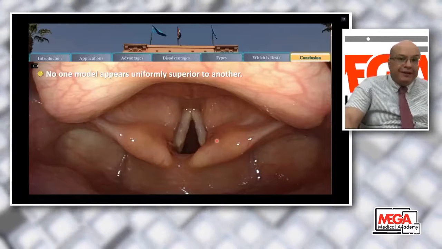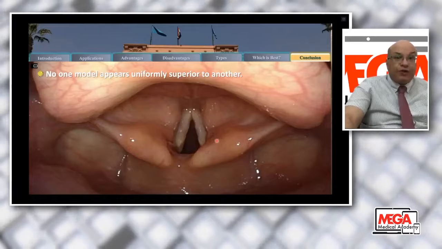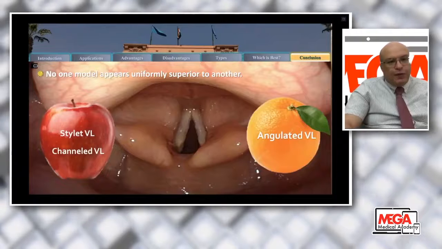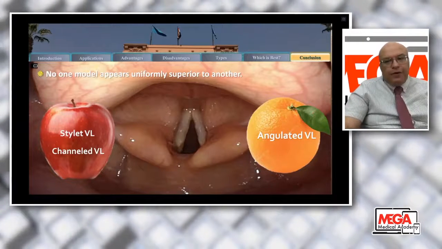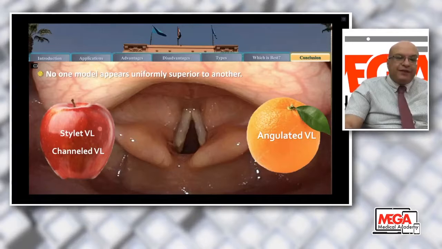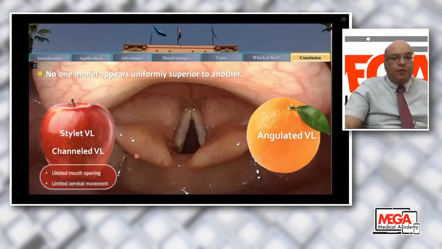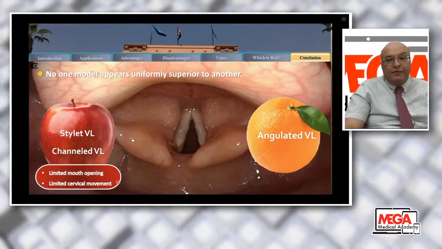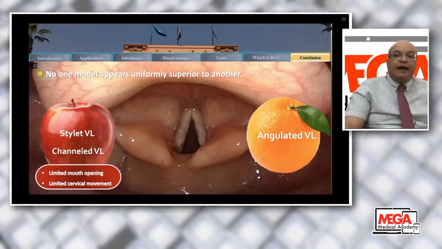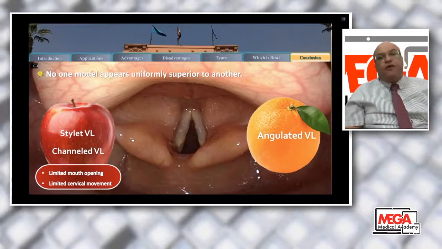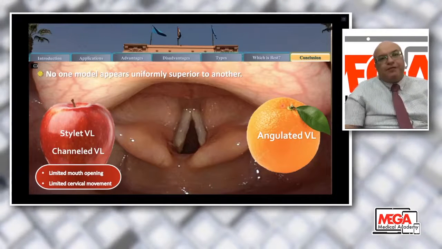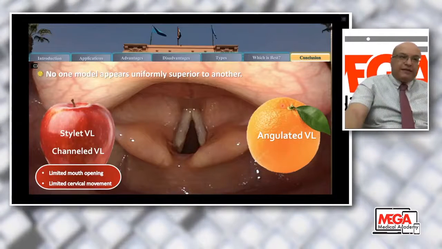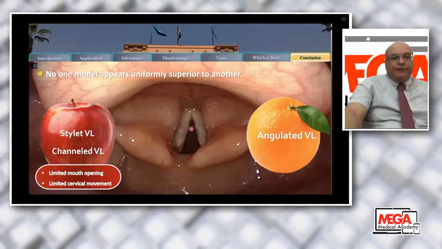However, if you have the opportunity to purchase or to get 2 types of video laryngoscopes, if you have such luxury, you have to choose to get 1 apple and 1 orange. 1 apple, it could be stylet-guided video laryngoscope or channeled video laryngoscope, which would be helpful in a patient with limited mouth opening and limited cervical movement, and angulated video laryngoscope for better visualization, particularly if you have bleeding from airway, if you have vomitus, if you have extreme difficulties, and so on.